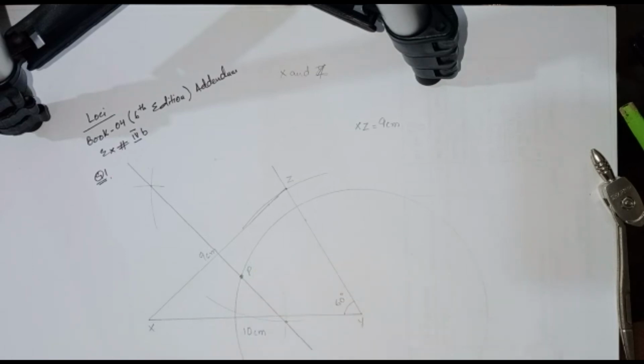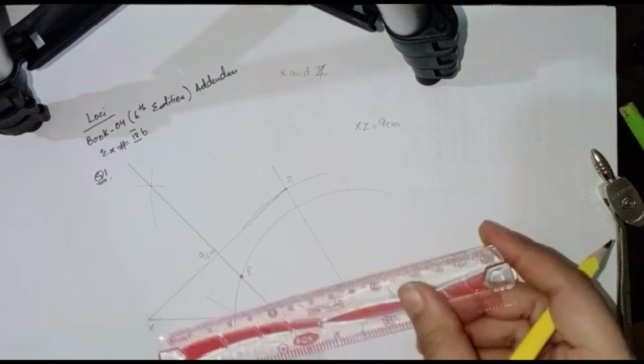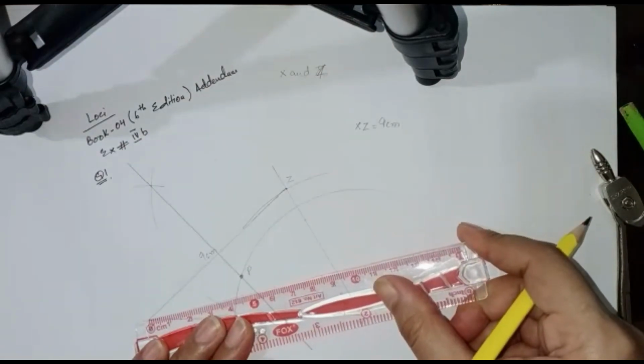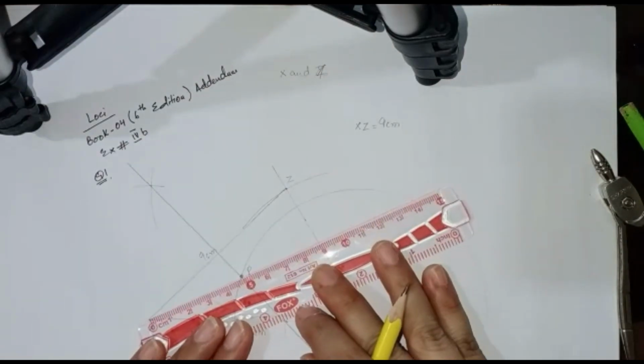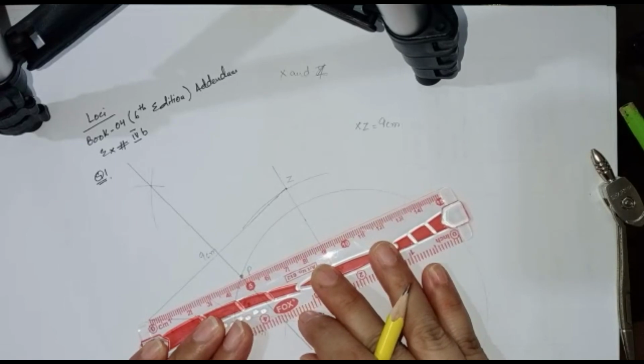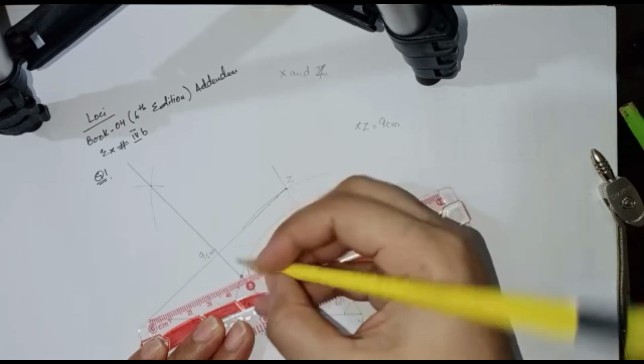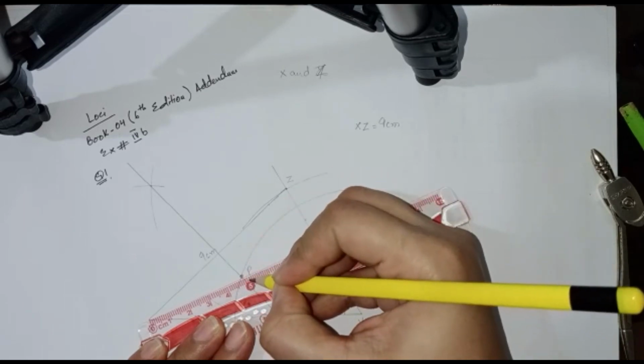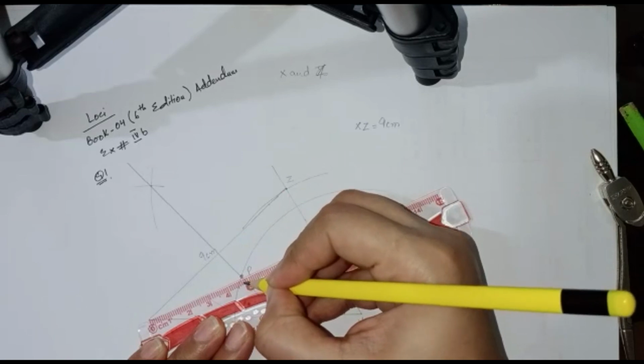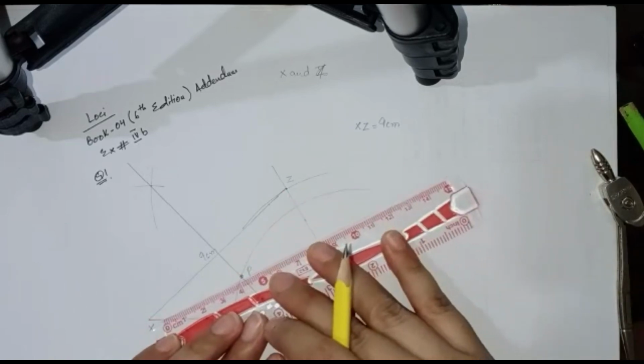Now in the next part they are saying measure and write down the length PX. Now we will measure the length PX. It's 4.9. It's 4.8, sorry.